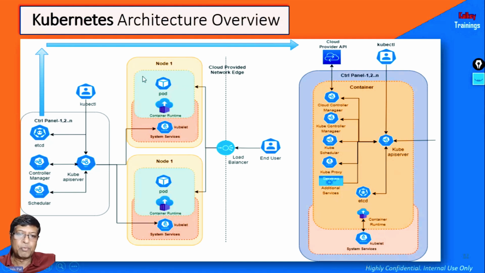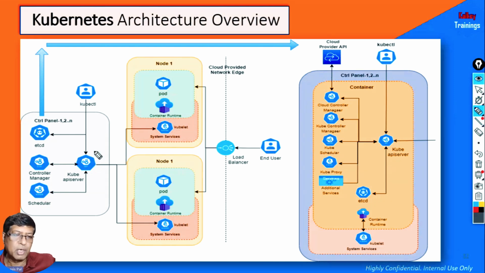You see, on node 1, you have a pod and you have a container runtime. You will be installing Docker, because since these are also pods, these are also containers. So don't I need to install Docker? Yes. When I install the Kubernetes cluster, I will install Docker as a container engine on all the nodes.